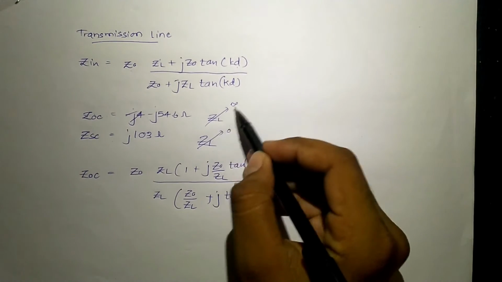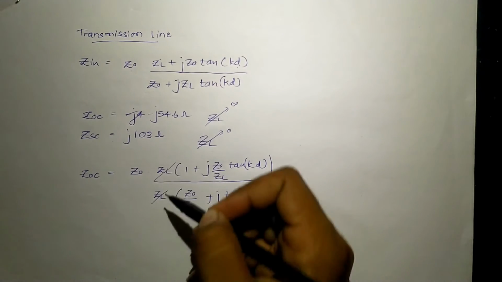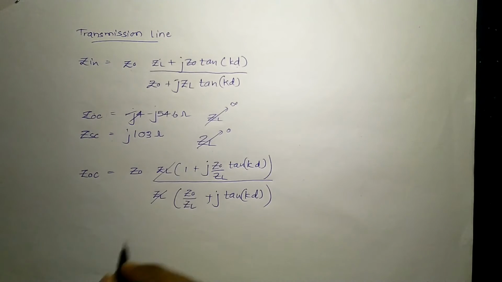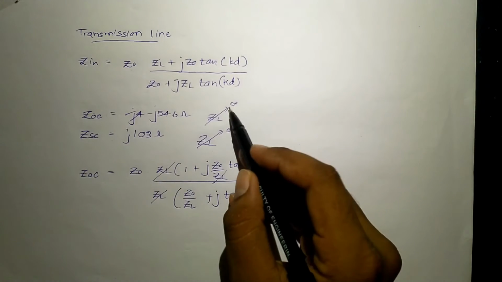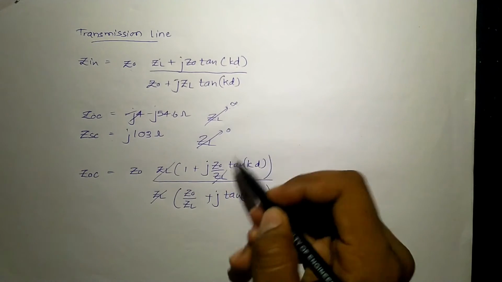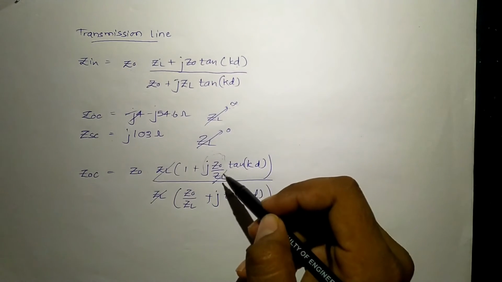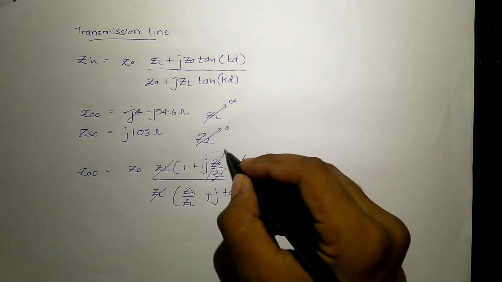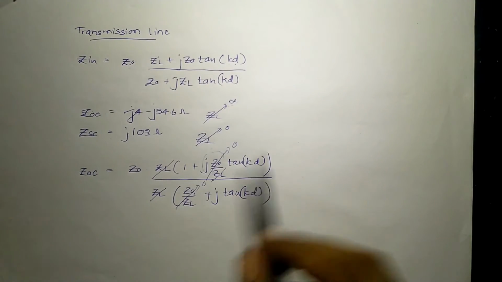As ZL goes to infinity, the terms with ZL in the denominator go to 0, so these are cut away.